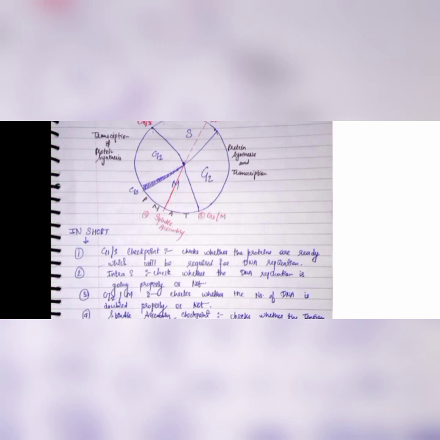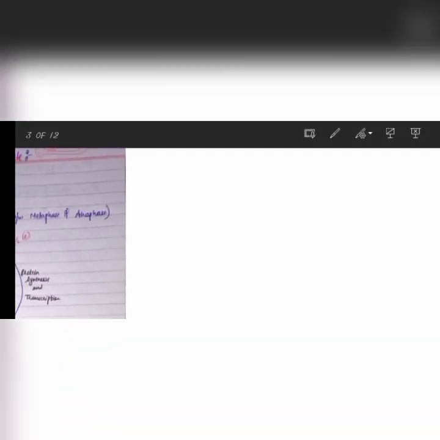Okay, now we will talk about the G1 checkpoint. The G1 checkpoint involves pRB and E2F genes. It involves pRB, retinoblastoma pocket protein, or retinoblastoma sensitivity protein, whatever it is.